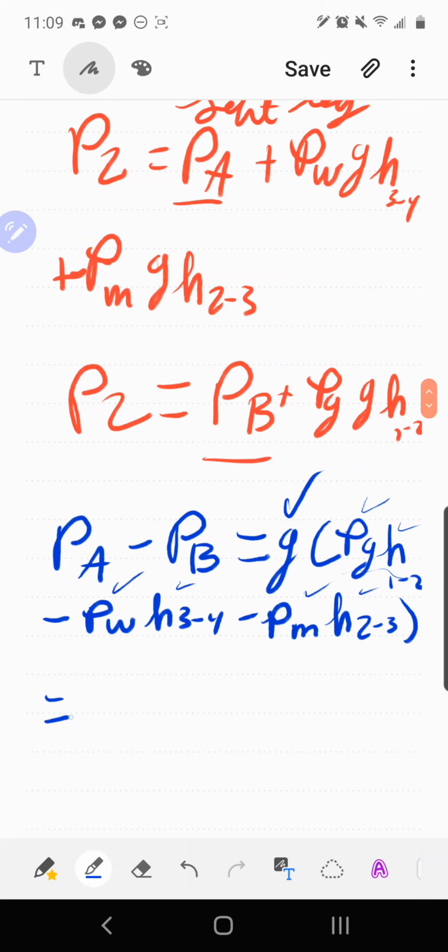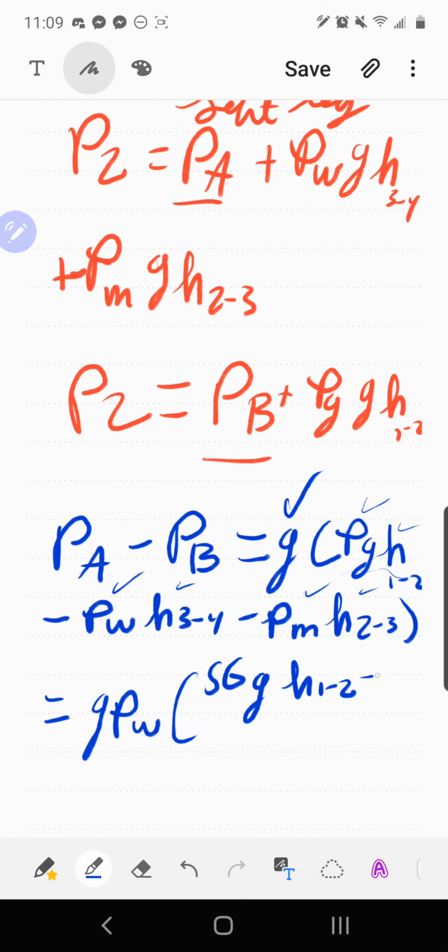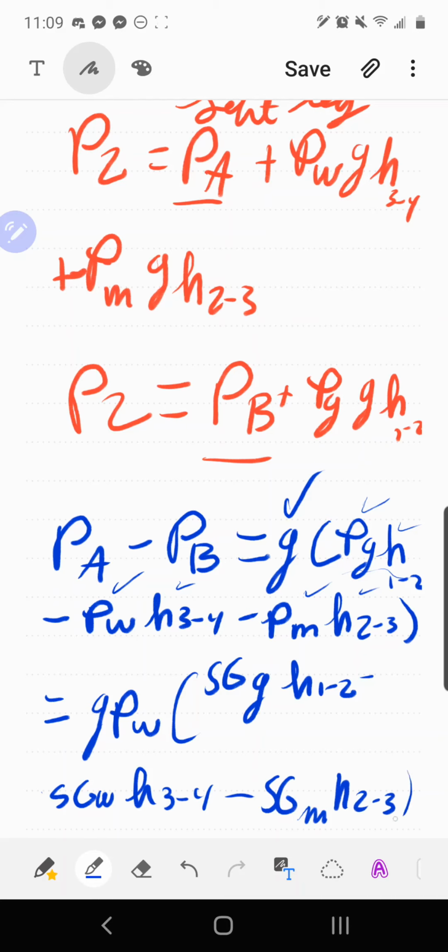So let's just continue through this. g times the rho of water times our Sg of glycerin, H1 minus 2, minus Sg of water, H3 minus 4, minus Sg of mercury times H2 minus 3. Sg of water is just going to be 1.